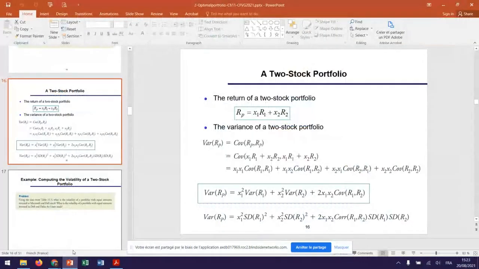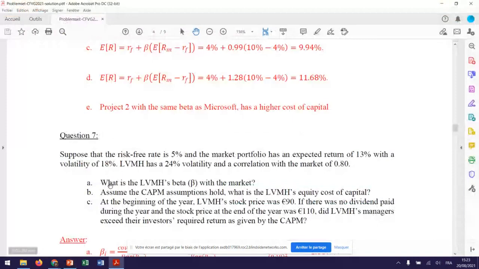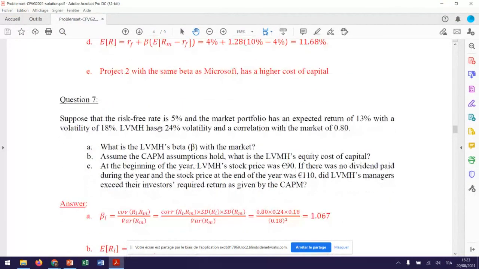Now, the question is, what is LVMH's beta with the market? When we say beta with the market, it is because later on, in more advanced courses, you can measure different betas, beta 1, beta 2, beta 3 and so on. The beta is the covariance of RI and RM divided by the variance of RM, or the correlation of RI and RM multiplied by SDRI and SDRM divided by the variance of RM.